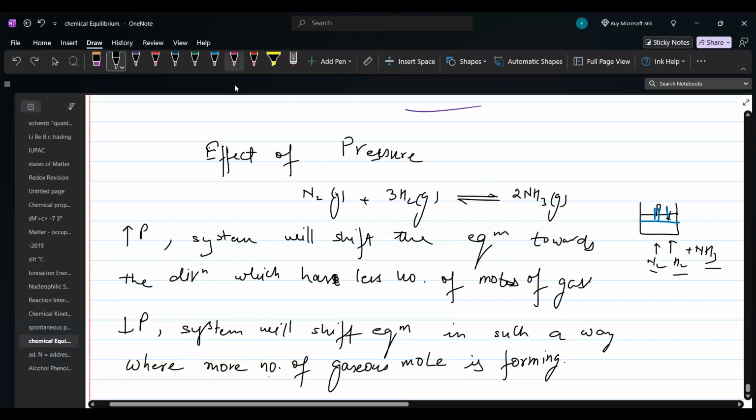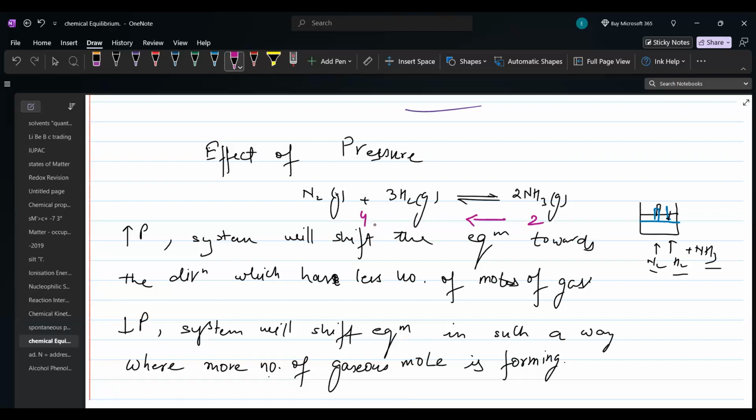Here we have 4 gaseous moles, and here we have 2 gaseous moles. So when we decrease the pressure, the equilibrium will shift in the backward direction.